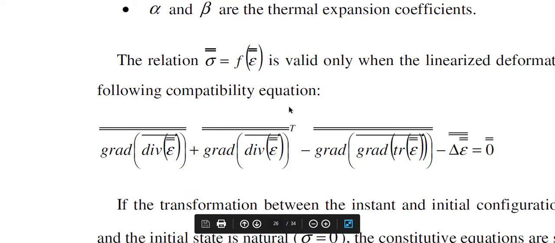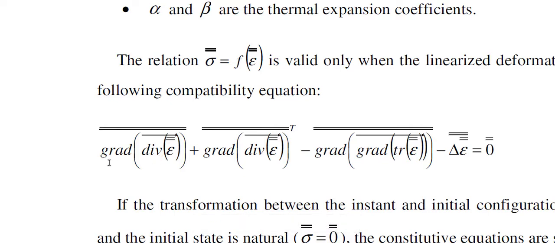Epsilon is considered kinematically admissible if it verifies this compatibility equation, which states that the gradient of the divergence of the tensor epsilon, plus the transpose of the gradient of the divergence of epsilon, minus the gradient of the trace of epsilon, minus the Laplacian of epsilon, must be equal to the zero tensor.